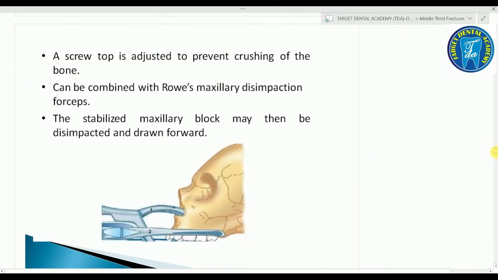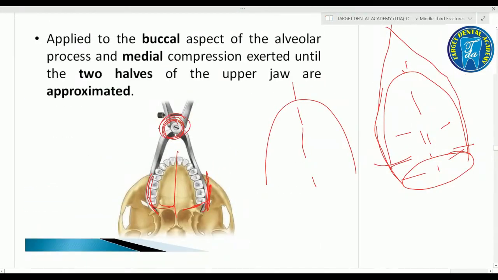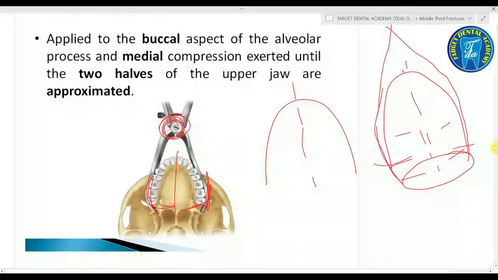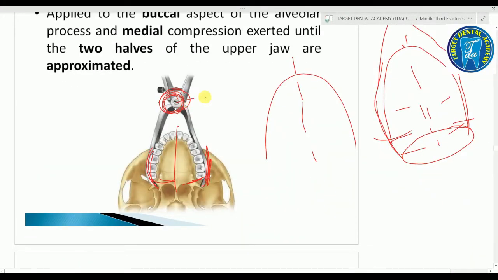Right? A screw is adjusted at the top to prevent crushing of the bone. Ultimately it acts as a pressure template. If it is not present, the force leads to crushing of the two segments.